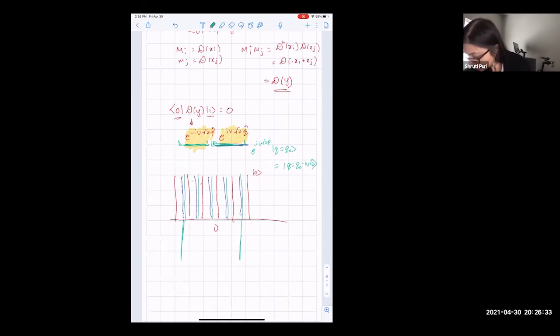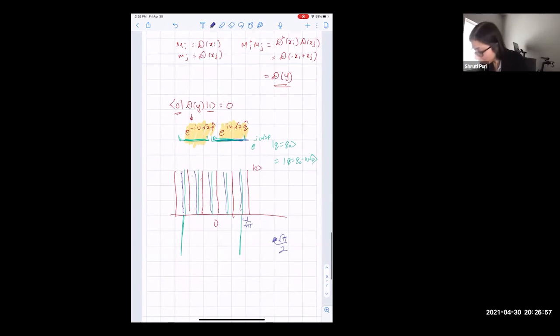This distance is square root of pi, so they can move square root of pi by 2. So basically, as long as the shift u square root of 2 is smaller than square root of pi by 2, this error correction criterion is satisfied.